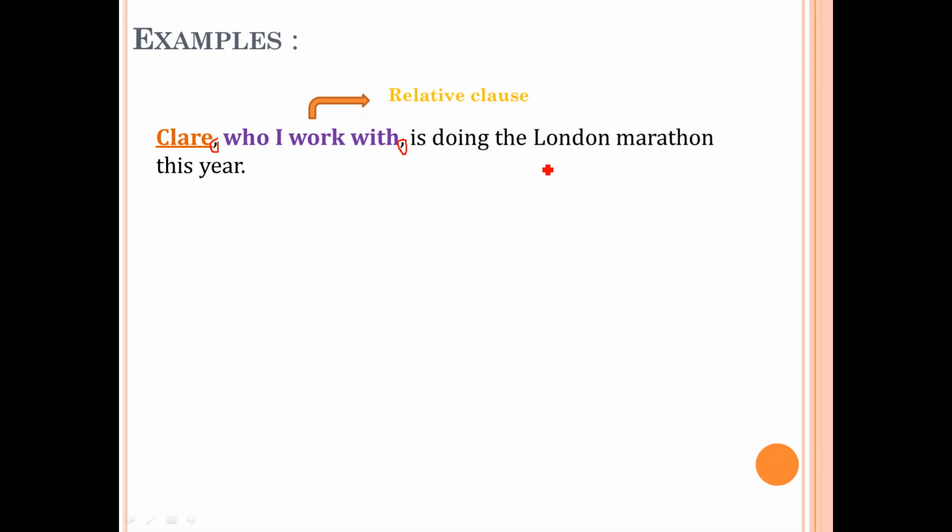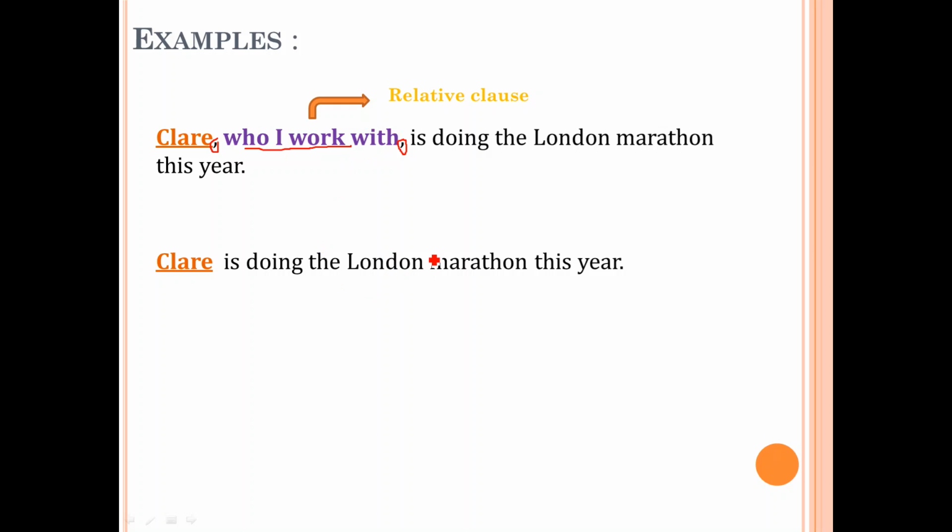Okay, now if I say the sentence without the relative clause it's gonna be a normal and correct sentence. إذا لو أنا حكيت Claire is doing the London Marathon this year جملتي it is correct and it does make sense. هي جملة كاملة ومنطقية. أوكي، فقط في الجملة الأولى أنا أضفت هاي المعلومة الإكسترا أو المعلومة الزيادة ووضعتها بين فاصلتين، وحذف هاي المعلومة من جملتي ما راح يأثر أبدا على المعنى.